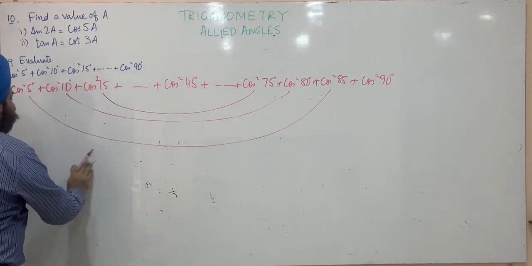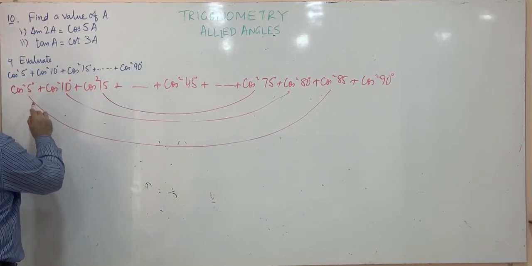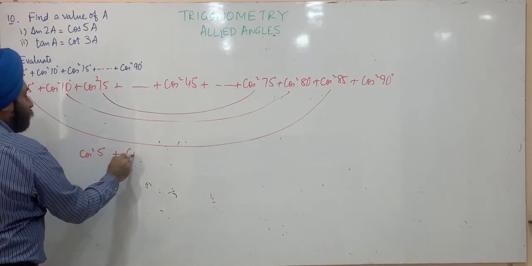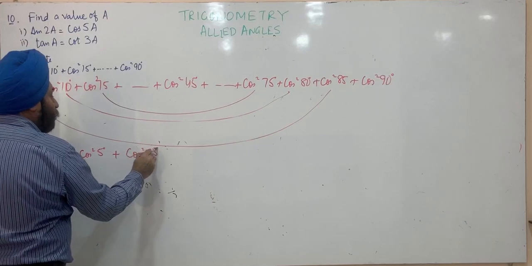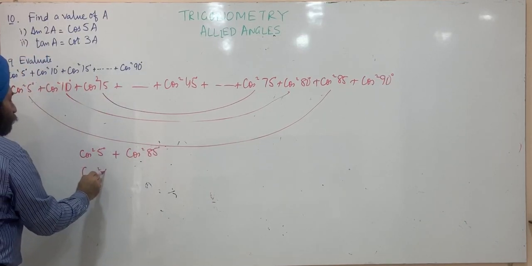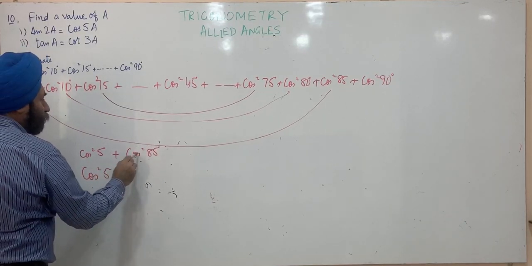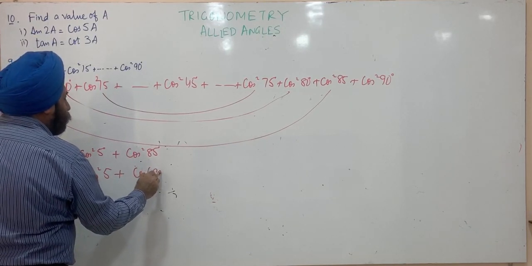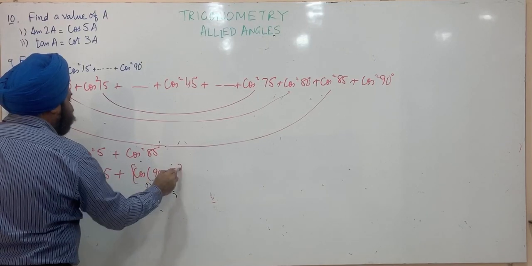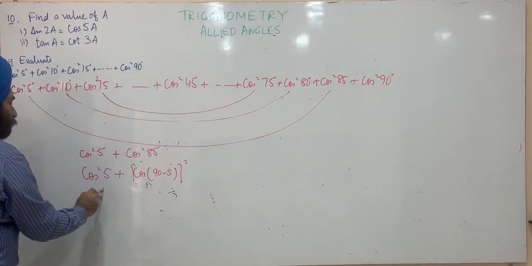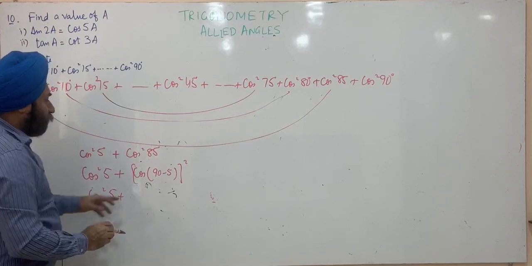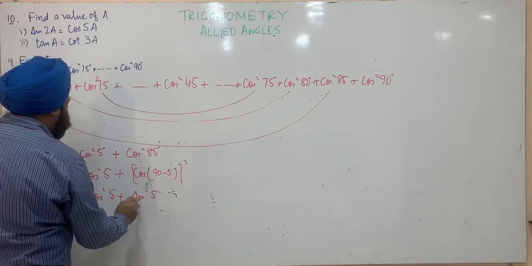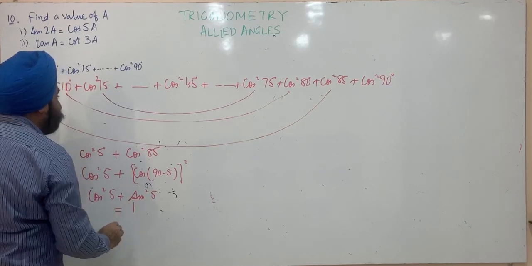Let us find out sum of one of these. Cos square of 5 degrees plus cos square of 85 degrees. This is cos square of 5 plus cos of 85 whole square, and cos 85 can be written cos of 90 minus 5. That's cos square of 5 plus cos 90 minus 5 is sin 5, this is sin square of 5. Cos square 5 plus sin square 5, this is 1.